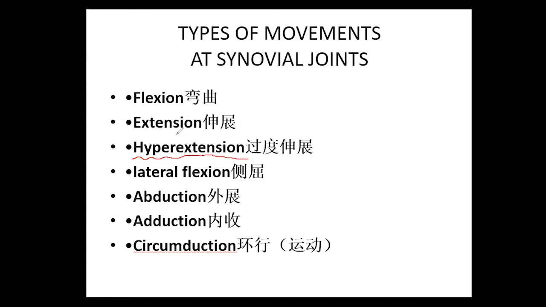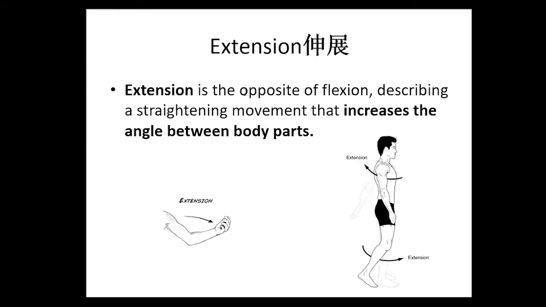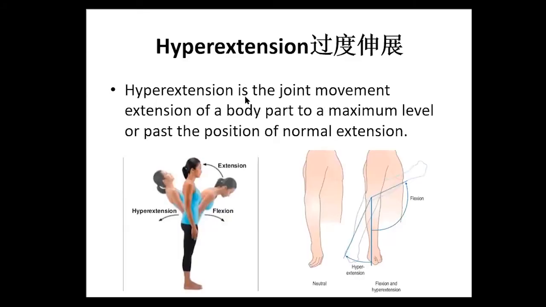Hyper means over or higher, like hypertension, which is high blood pressure. That's the medical word for higher. We know extension already, so hyperextension means the same direction as extension, but kind of over.